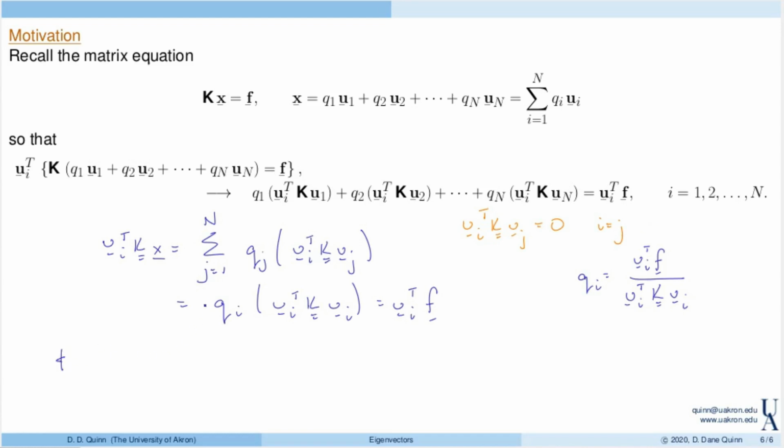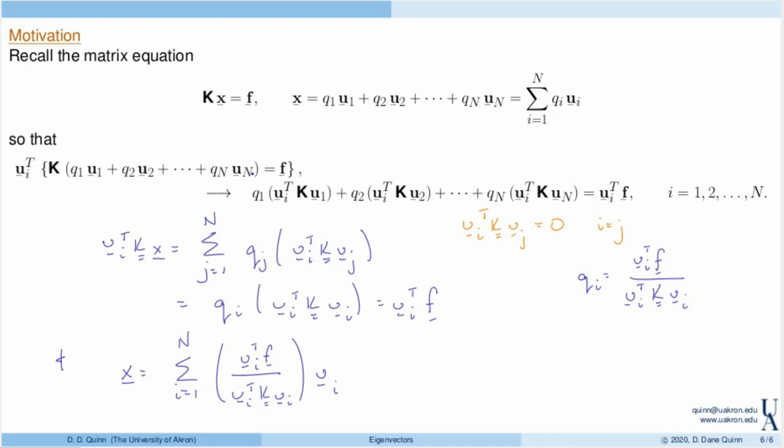And therefore, reconstructing the solution, x is equal to the sum from i equals 1 to n of all of these q_i's, which we just solved for: u_i transpose F divided by u_i transpose K u_i, times the eigenvector.